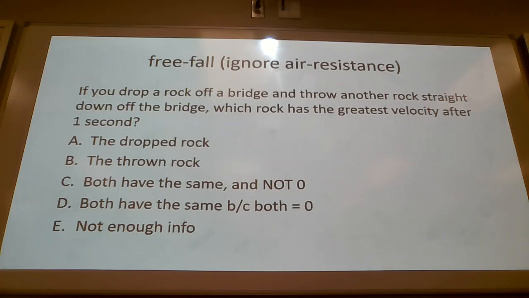This is a warm-up question. You didn't need to take physics to know this one. Correct answer is B, the thrown rock. Okay, this is a warm-up question.